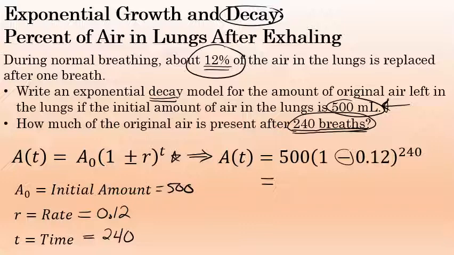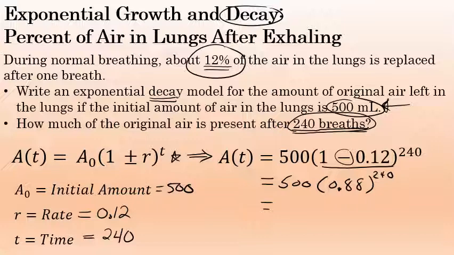At this point, this is a matter of doing the arithmetic. 1 minus 0.12 is 0.88. The exponent of 240, a very large exponent, is going to mean that this value will be very small, because we're raising a decimal, a number less than 1, to a large power.